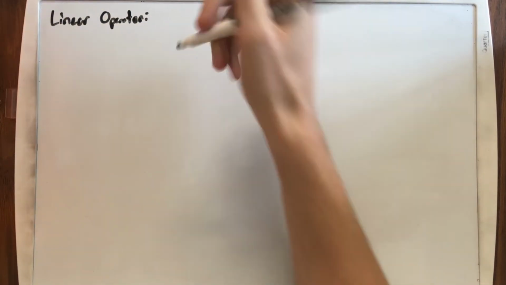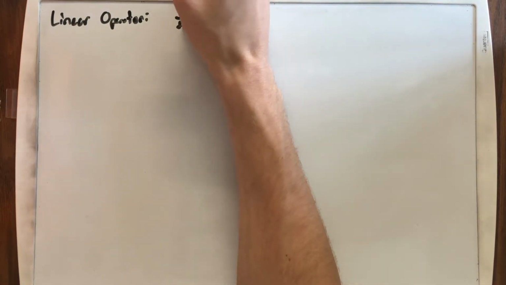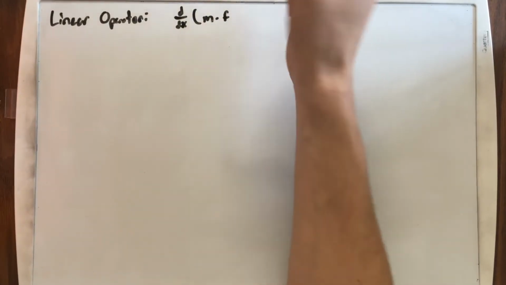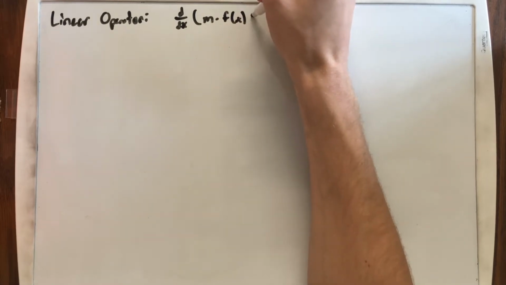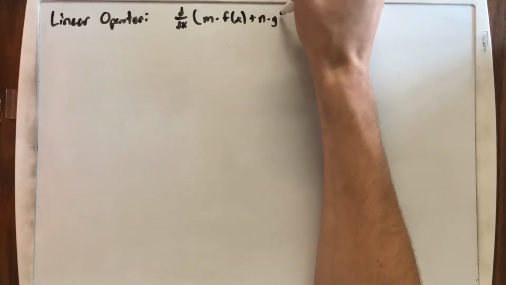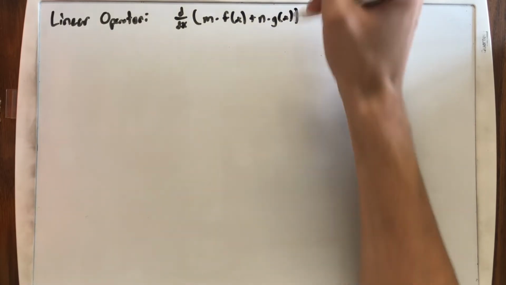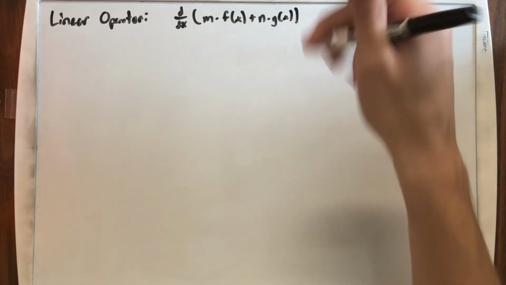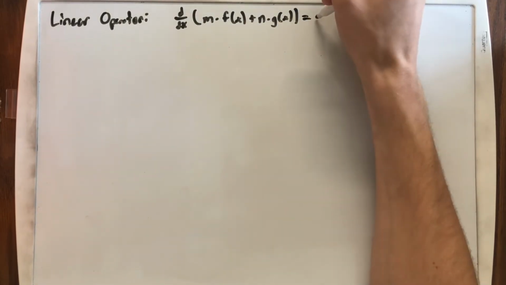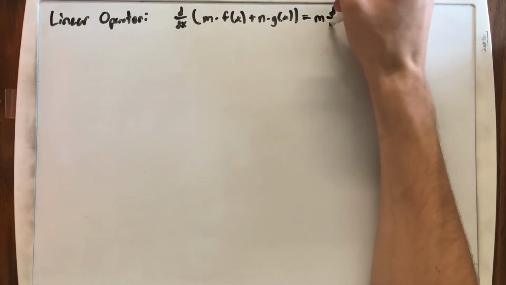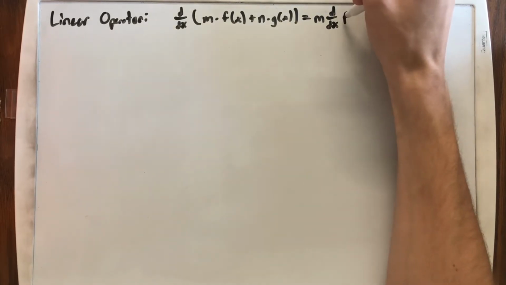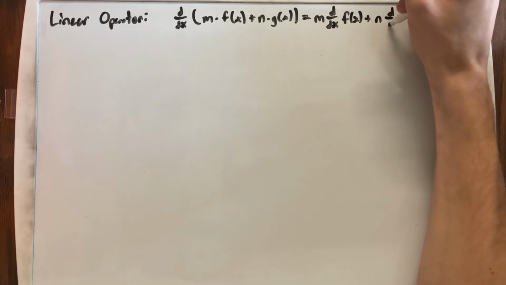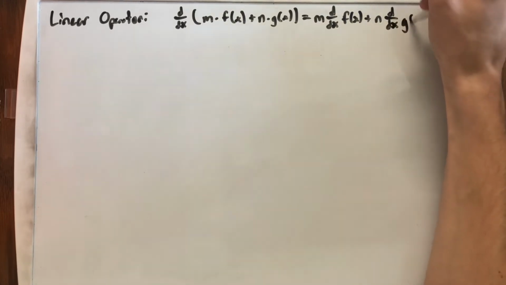That's just a special term that means if you have something that looks like this, where it's the derivative of m times f of x plus n times g of x, where m and n are some constants, and f of x and g of x are two different functions, that will be equal to m times the derivative of f of x plus n times the derivative of g of x.